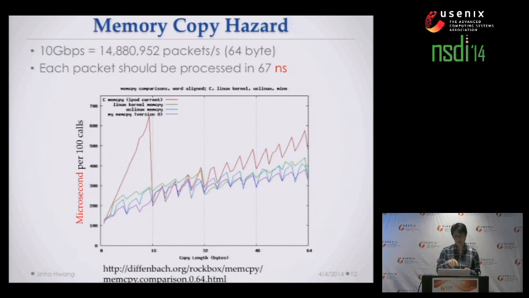If you see the y-axis, it shows 64 packet size, and it takes 300 to 400 microseconds, right? So it's a lot higher than the time limit we have to process the packet to achieve 10 gigabps in the system. So we definitely have to avoid the memory copy.